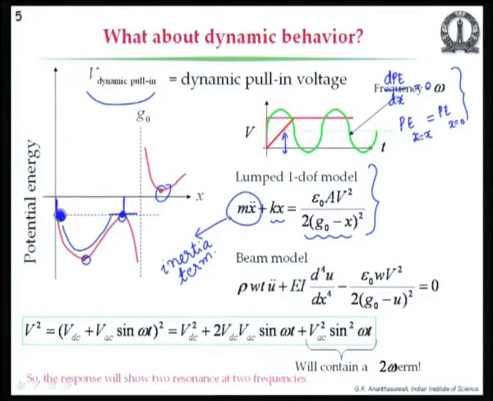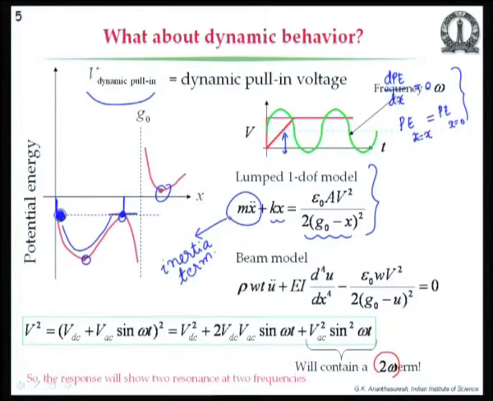Because of sin square, essentially there is a 2 omega term, because you know how to write cosine 2 omega in terms of sin square omega, right. So, whenever you have sin square omega, it means that there is a 2 omega harmonic term.